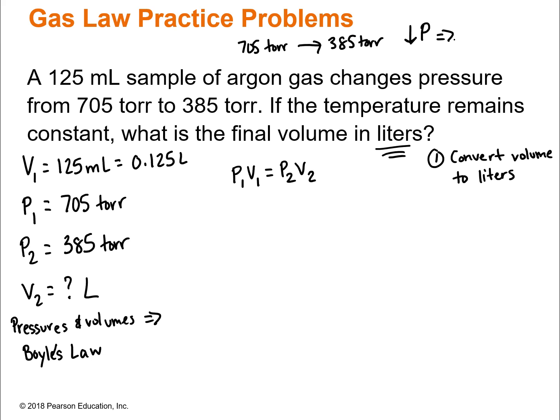And if the opposite has to happen to the volume, then what do we expect for our volume? Increase or decrease? It should increase. So when we do our math, let's make sure to check with our logic and see if they agree.